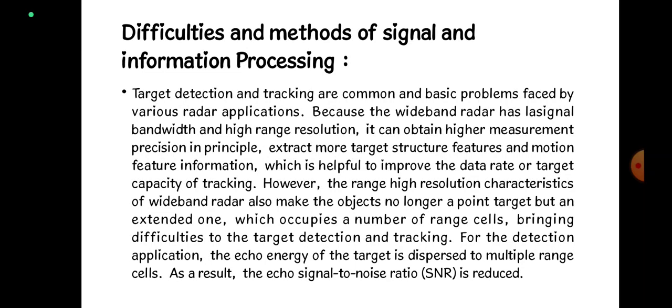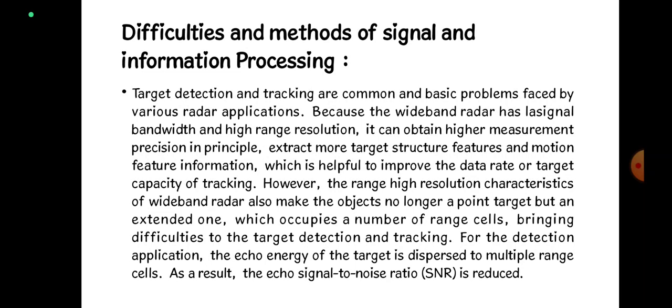However, the high range resolution of wideband radar also makes the object no longer a point target but an extended one, which occupies a number of range cells, bringing difficulties to target detection and tracking.